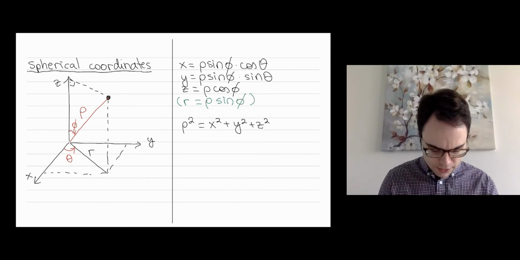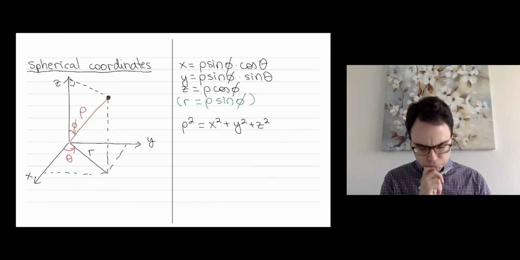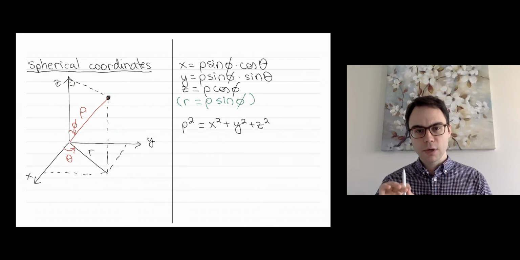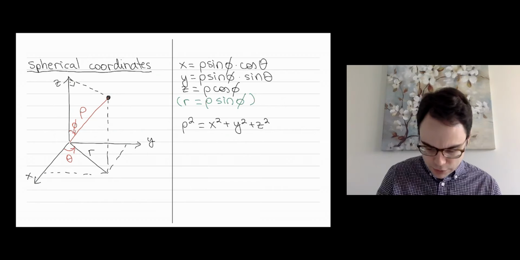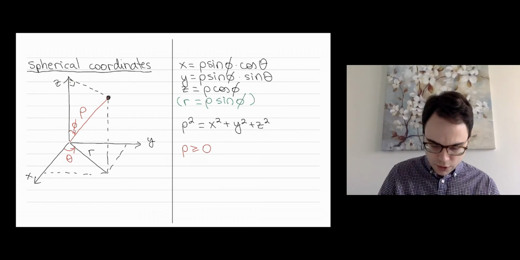The point I would like to make right now is that it's useful to have some conventions for the angles. So here's some conventions. So first, we're all going to agree that we're only going to think about non-negative rho, right?